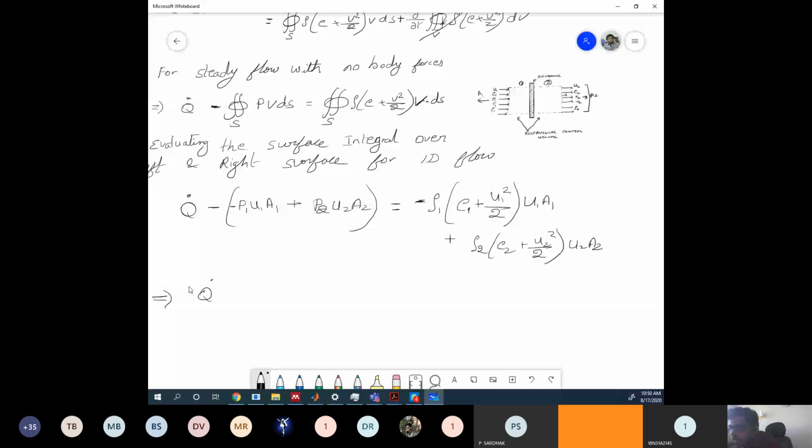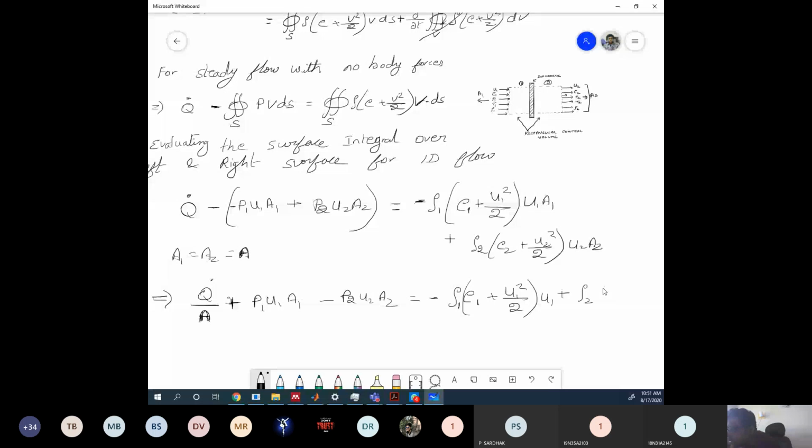Since the area is going to be the same, obviously you can assume A1 is equal to A2 is equal to A. I'll write it as A because here I cannot remove it, since Q dot will have no A. So that is why Q dot by A, if I want to remove it, will be in this form, or substitute the entire equation with the A. Now that becomes Q dot minus A, plus P1 U1 A1 minus P2 U2 A2 is equal to minus rho 1 into E1 plus U1 square by 2 into U1 plus rho 2 into E2 plus U2 square by 2 into U2.